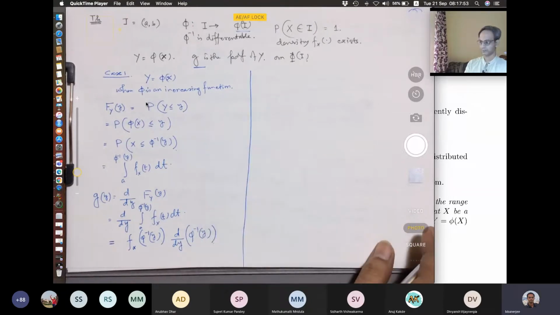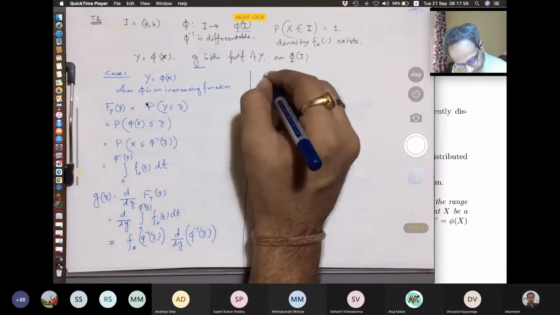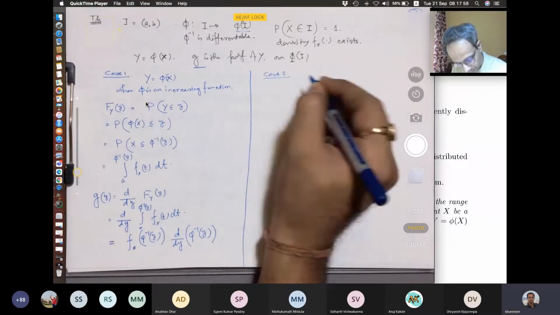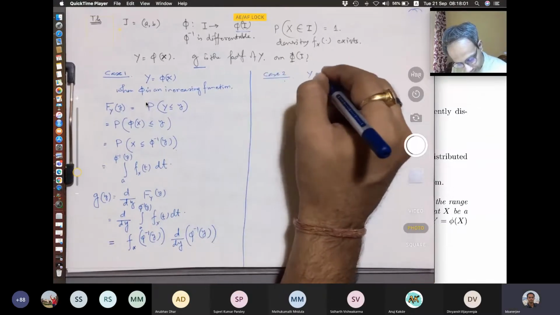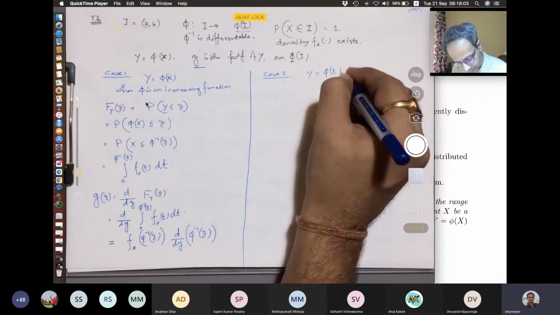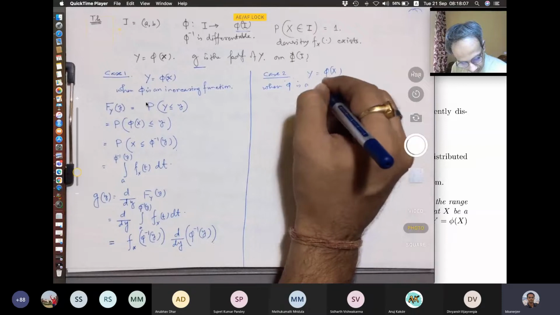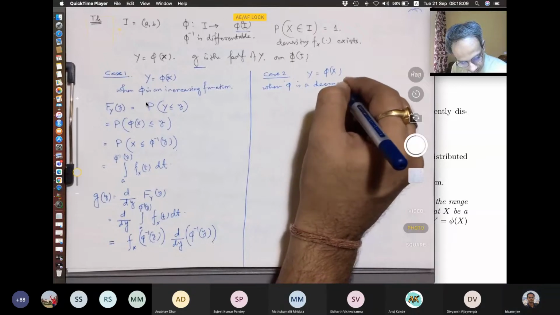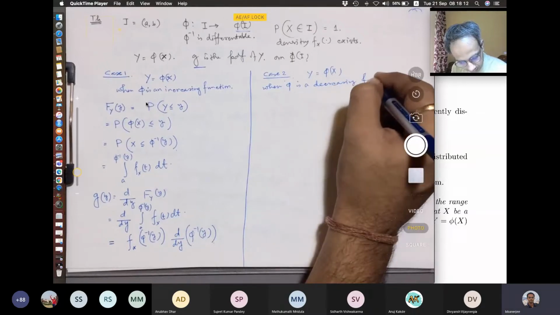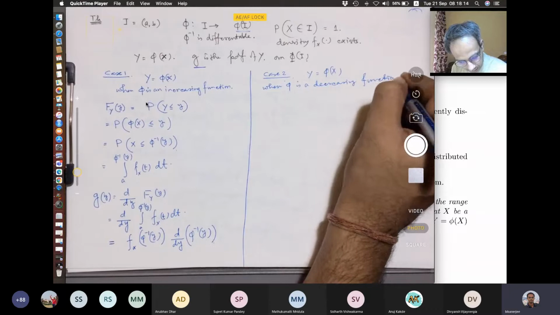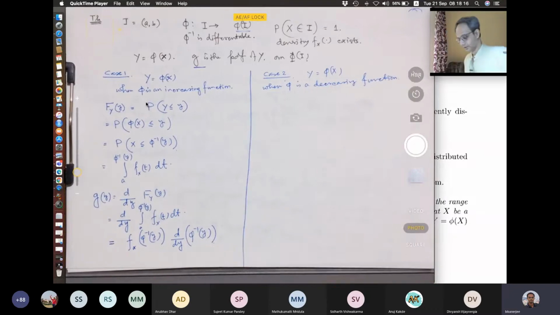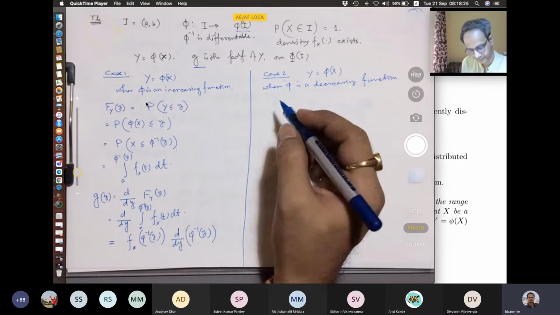Then case 2. Okay, so y equals phi of x when phi is a decreasing function. Now again, routine job, but you have to be a little bit careful. Same job.